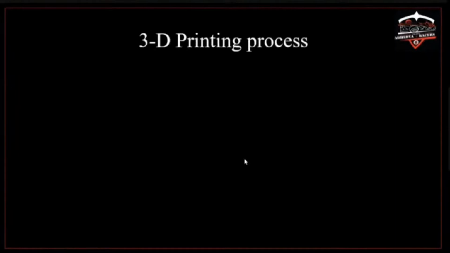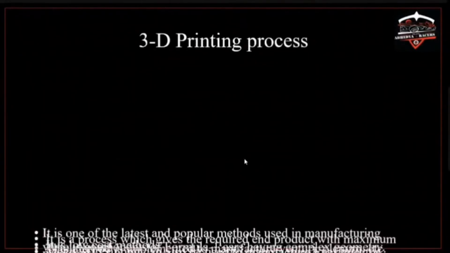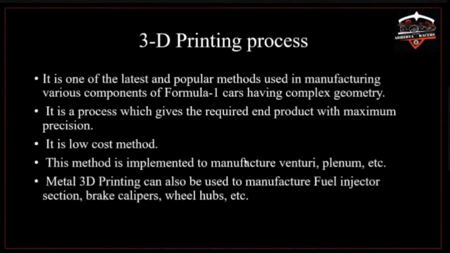3D printing process. It is one of the latest and popular methods used in manufacturing various components of Formula One cars having complex geometry. It is a process which gives the required end product with maximum precision. It is a low-cost method.